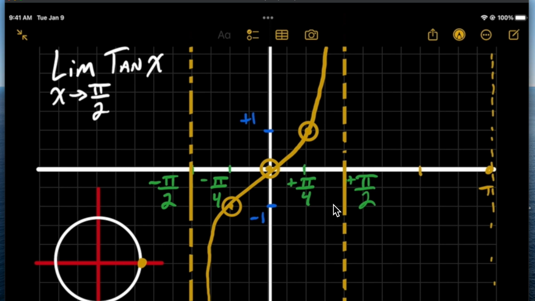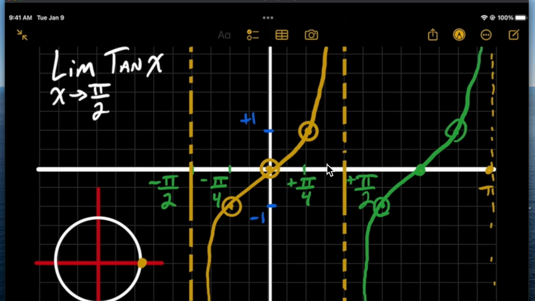So again, we're going to be at 0 here, at pi, just 1/4 of a period forward, we're going to be at -1. And then another 1/4 of the period, we're going to be at +1. So this is going to be the second cycle of this tangent graph.